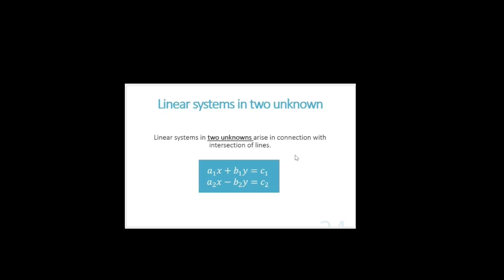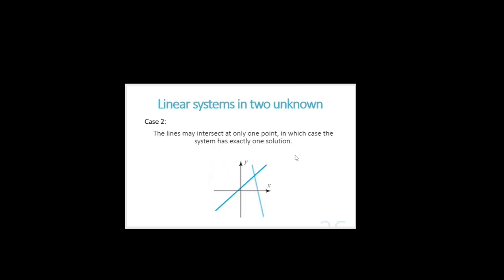As compared to this one, you might have a solution that is just 1 point. So you have parallel lines, no solutions. You have them where they intersect and cross at just 1 point, and you have that one solution. Can anybody think of a third scenario?